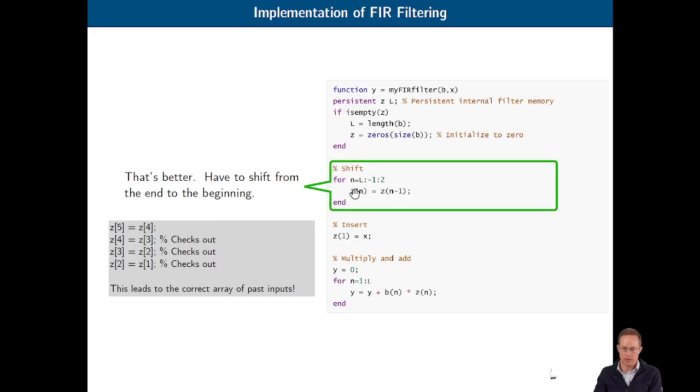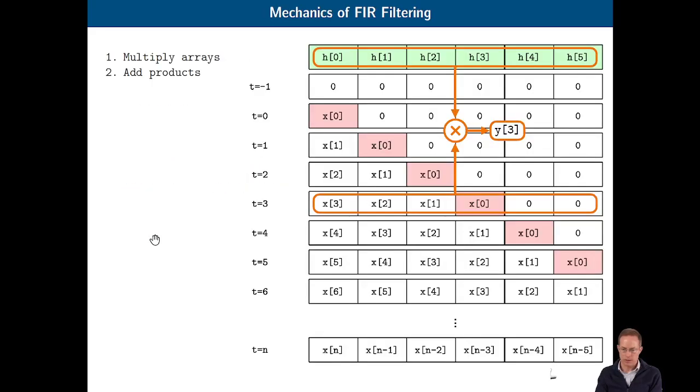So let's just see this. Suppose L is equal to 5. So we set Z5 equal to Z4. Z4 equal to Z3. Notice that we're not overwriting anything we want to keep here. So by starting at the end of the array, let's just go back to our picture. Notice that, for example, in going from line 5 to line 6, we first shifted x1 over and then shifted x2 over.